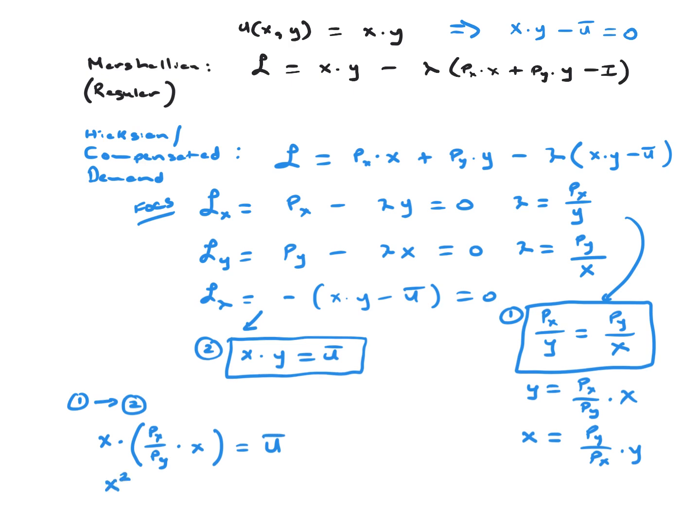And so I'll have x squared equal to targeted level of utility times py over px. And as the last step, I'm going to take the square root of both sides. And so I'll have the square root of u bar times py over px.